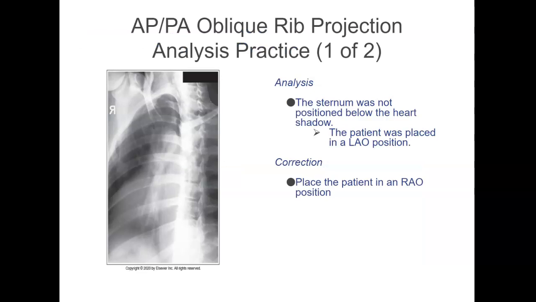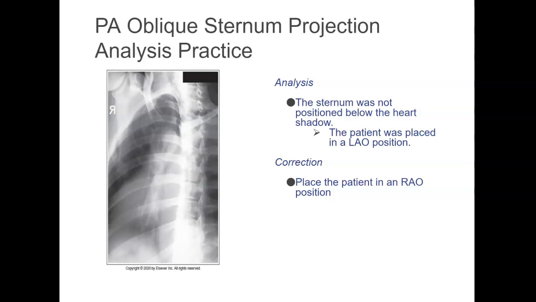So let's take a look at this PA oblique sternum projection analysis. When looking at this patient, we can obviously see the manubrium and sternum in profile, but there's a big issue when looking at this image.